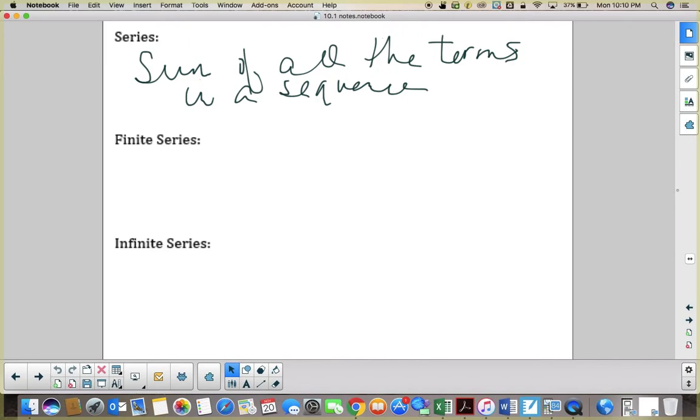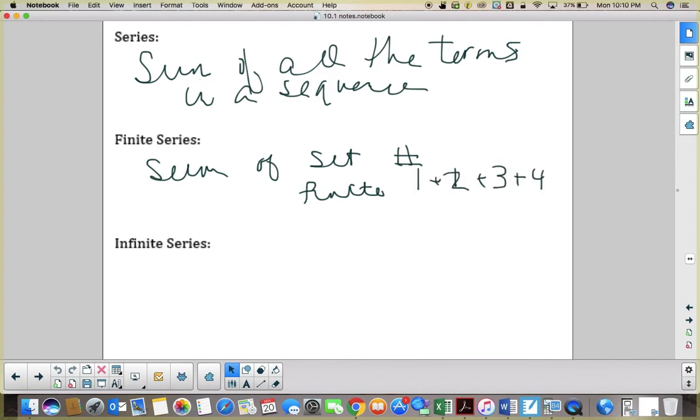It doesn't continue on forever, whereas an infinite series continues on. You have no end to your series. So a finite sum, like 1 plus 2 plus 3 plus 4, ends right there. Whereas the sum of this one has no end: the sum of a sequence of numbers without end.